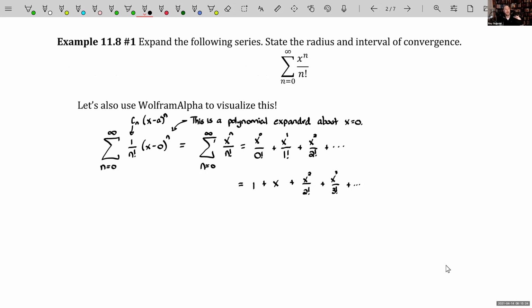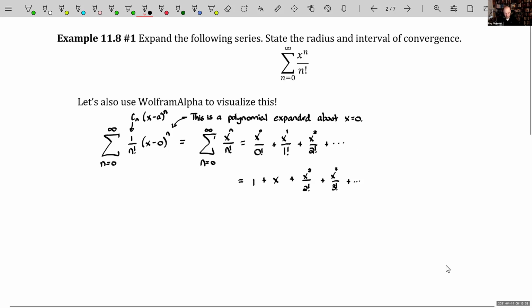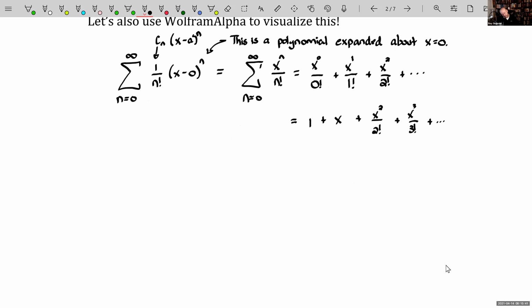But how the heck do you find the interval of convergence and the radius of convergence? Generally speaking, you actually find the interval of convergence first and then state the radius of convergence. Actually, no. You find the radius of convergence and then state the interval of convergence. So let's go ahead and ask ourselves, how do we find radius of convergence and interval of convergence?